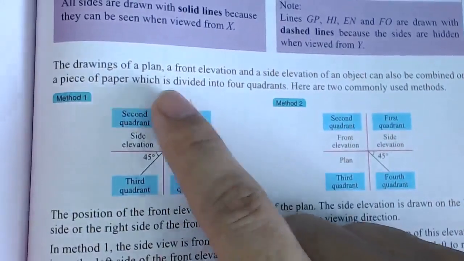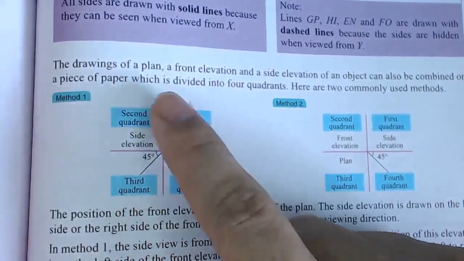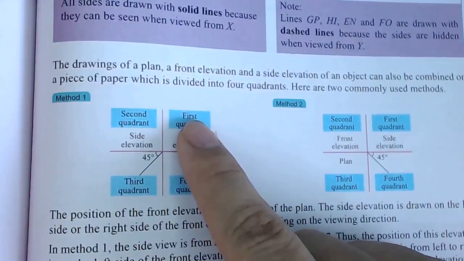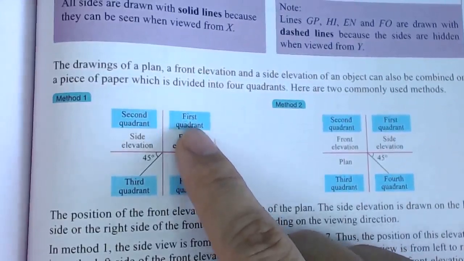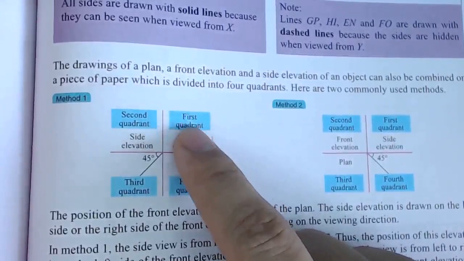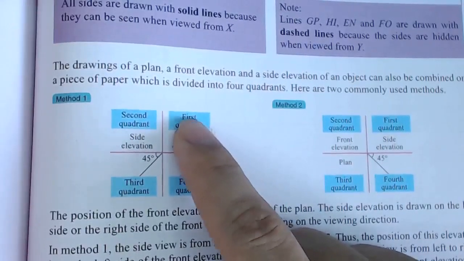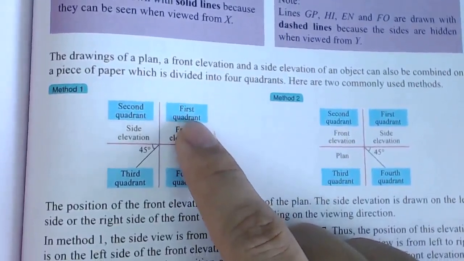So after we divide by 2 lines, we will have 4 parts, and the first part begins here on the upper right corner.